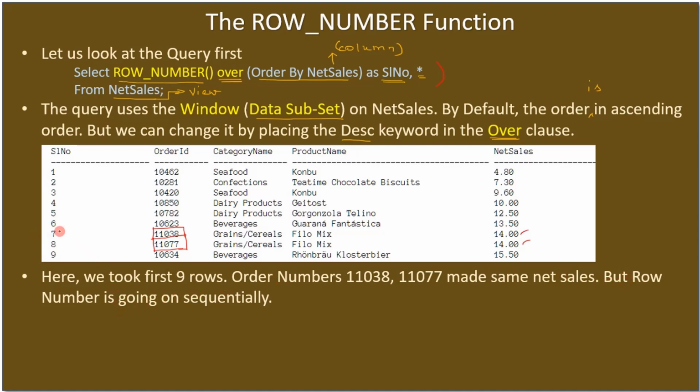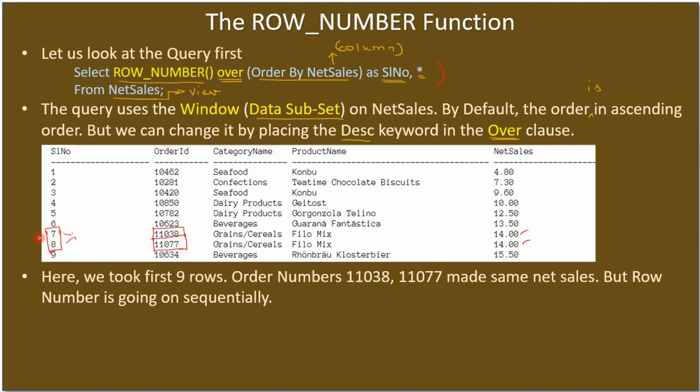And if you look here, the row number is going on sequentially, 7 and 8. So even though we are ordering it, the row number will not tell you the correct ranking. Up to this point you have a correct ranking, but we have different ranks even if we have the same sales.